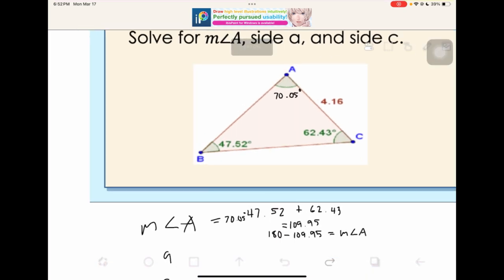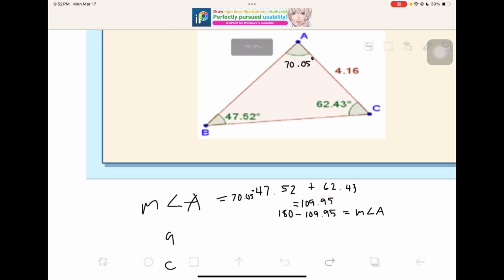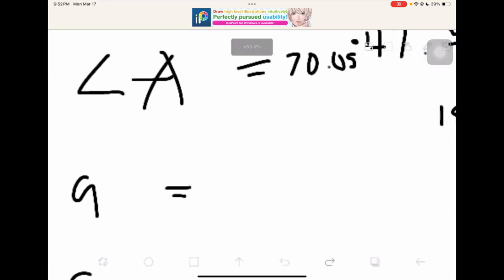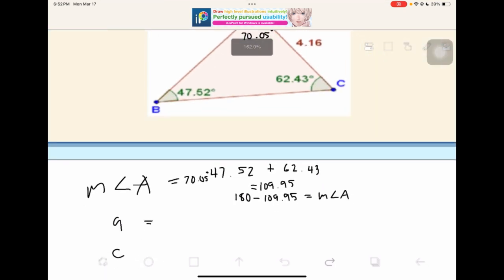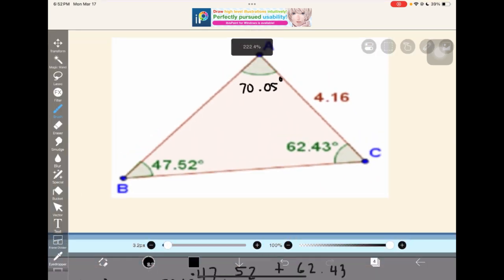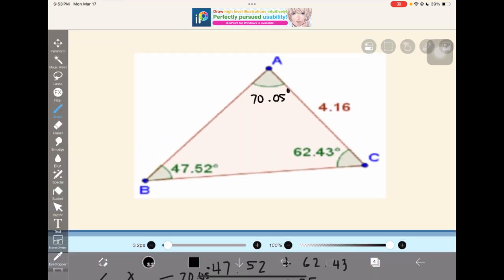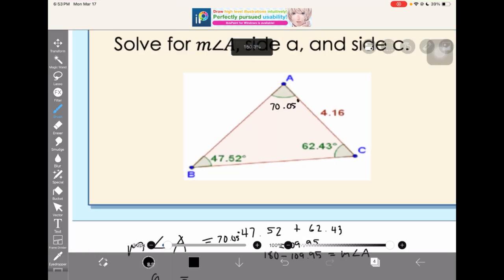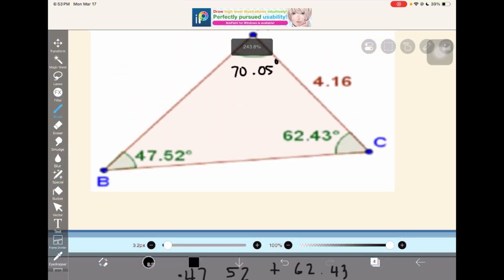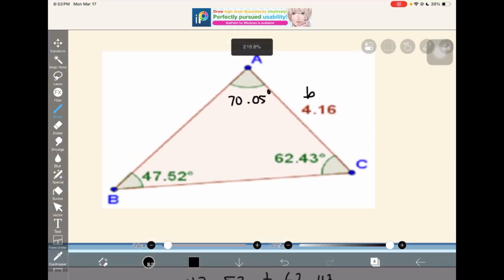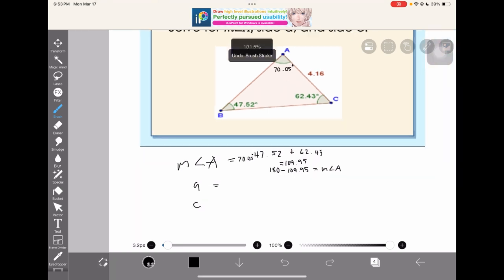Now we need to find side A, and this is where we can apply the law of sines. Let's start with an existing value we have. We must have the side and the angle of it. We do know that we have angle B and side B, so we can use that as a reference.